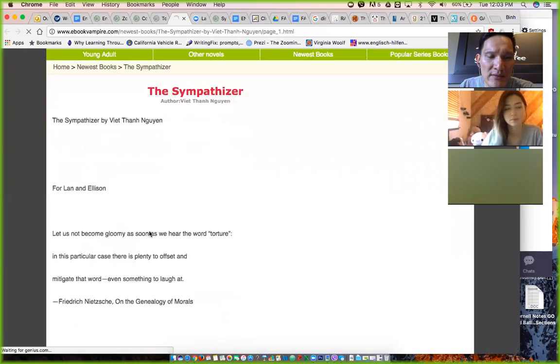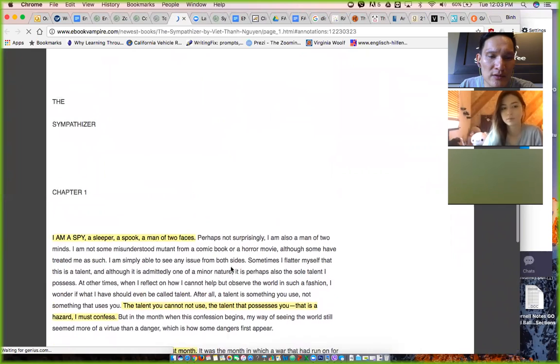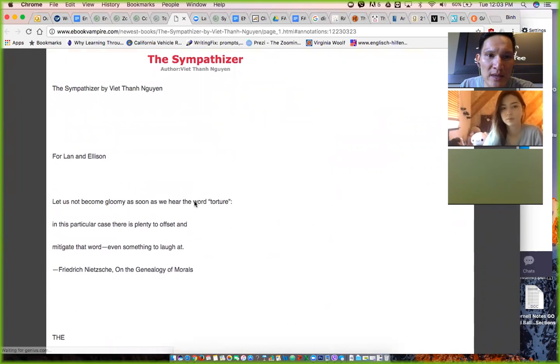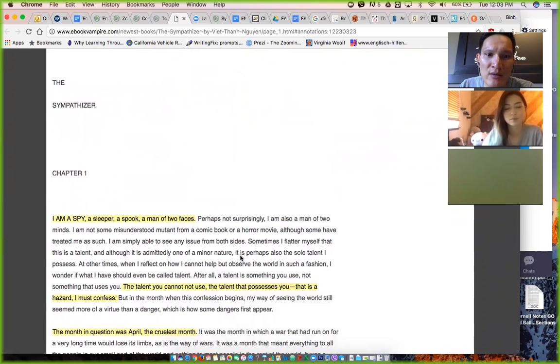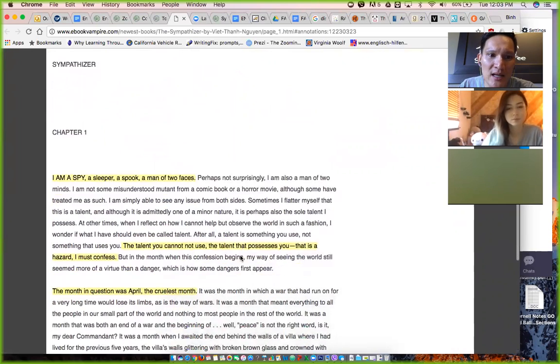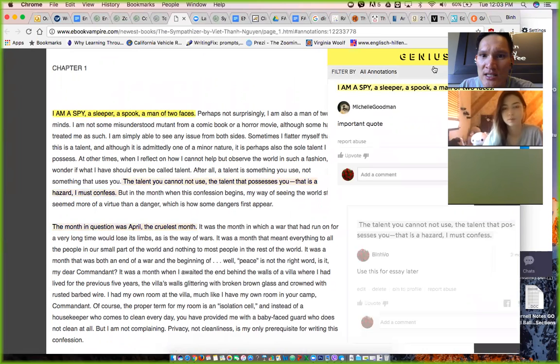So if you're waiting for your book in the mail, you can go ahead and read this page meanwhile. Otherwise, you can also read it on this website. But then you're going to have to figure out a way to annotate, like what I've been doing here using Genius Annotator.